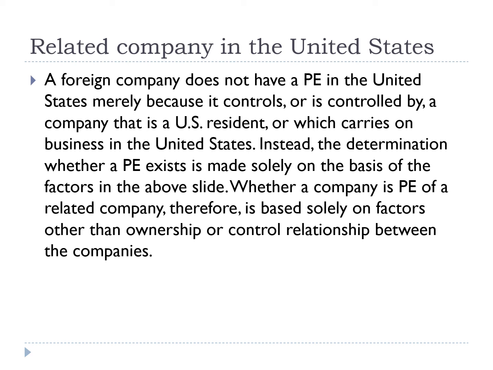Instead, the determination of whether a permanent establishment exists is made solely on the basis of the factors in the previous slides. Whether a company is a permanent establishment of a related company, therefore, is based solely on factors other than ownership or control relationship between the companies.